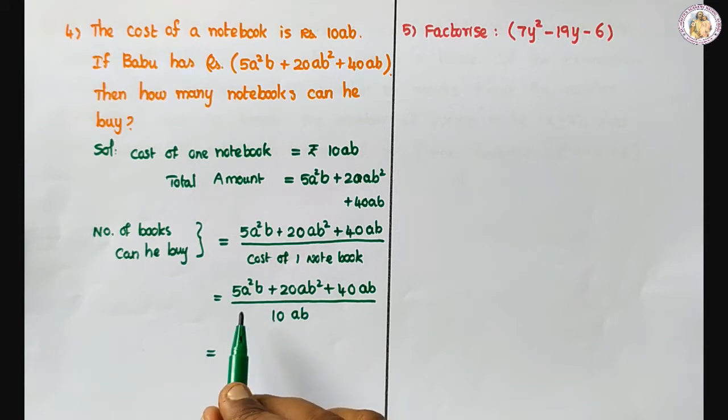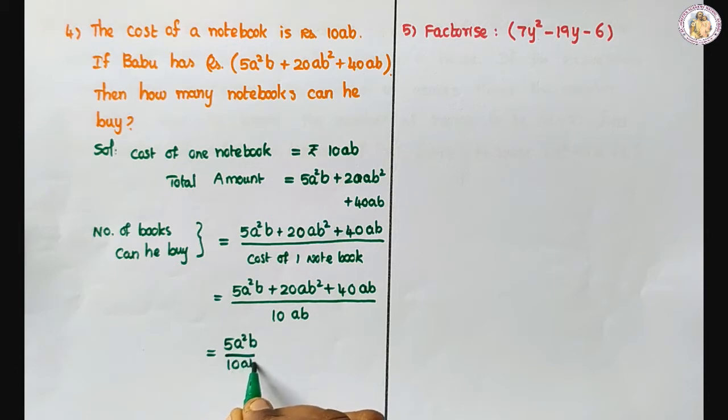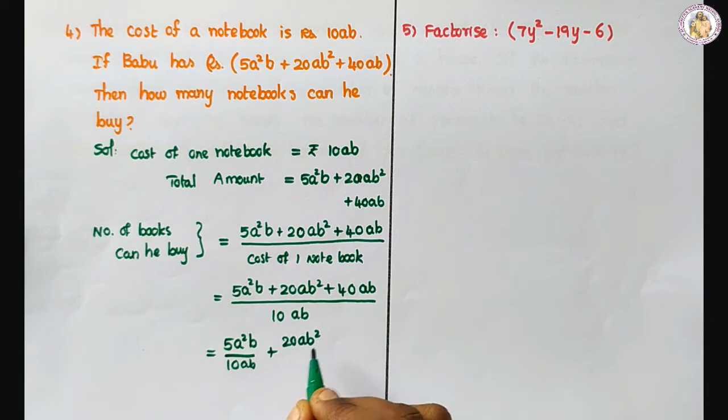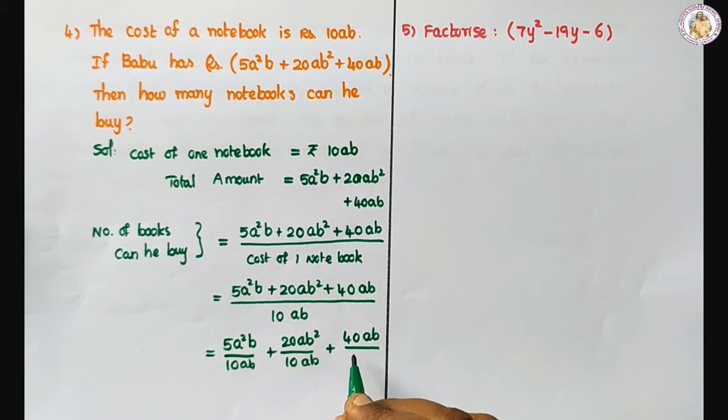Now split the denominator across each and every numerator. Listen, 5a squared b divided by 10ab plus 20ab squared divided by 10ab plus 40ab divided by 10ab.